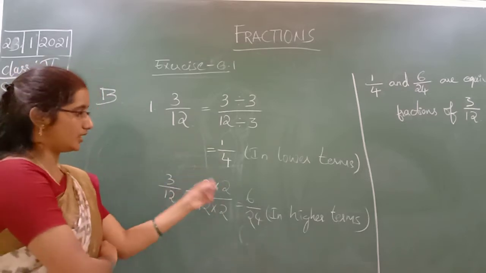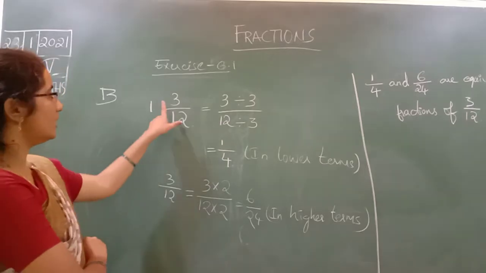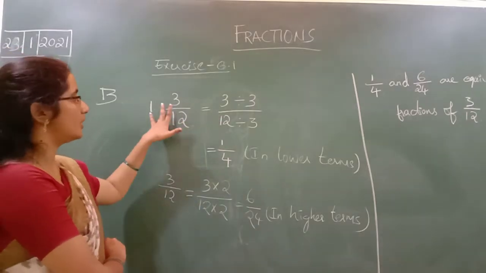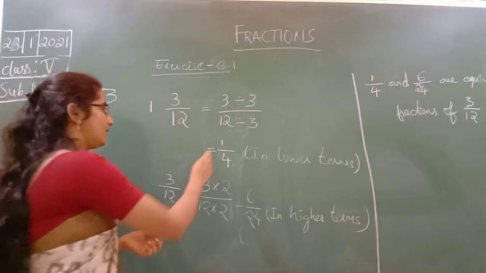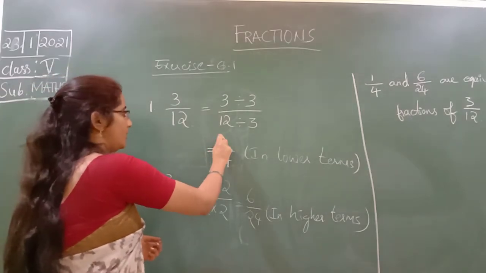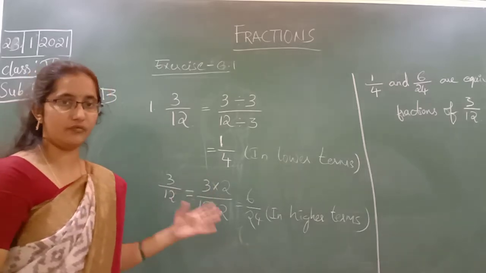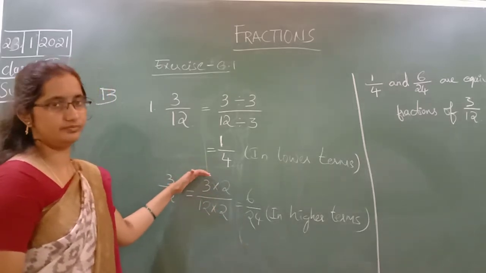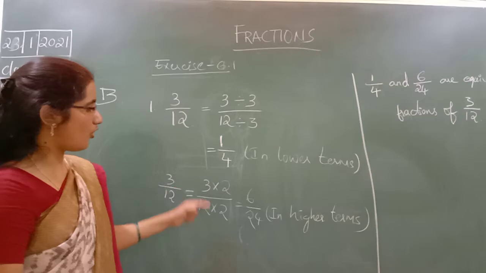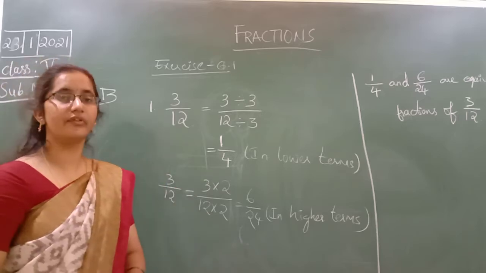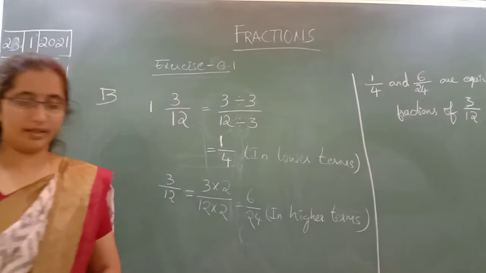We have done it in the lower term and in the higher term. Here I divided by 3 to get 1 by 4. Here I multiplied by 2. Whatever you want, you can multiply by 3, 4, whatever, but I took 2. And these two are equivalent fractions of 3 by 12.